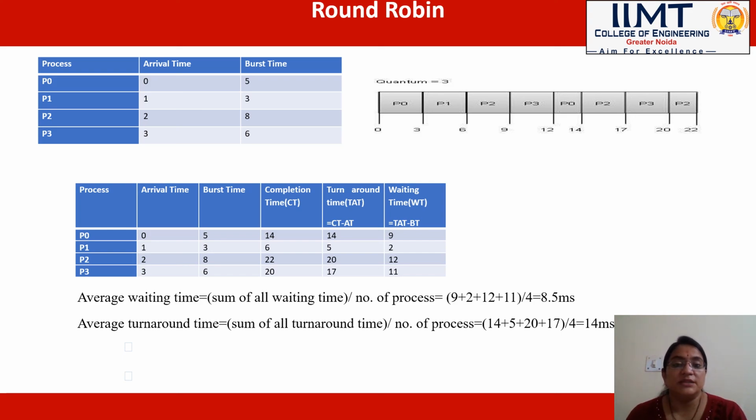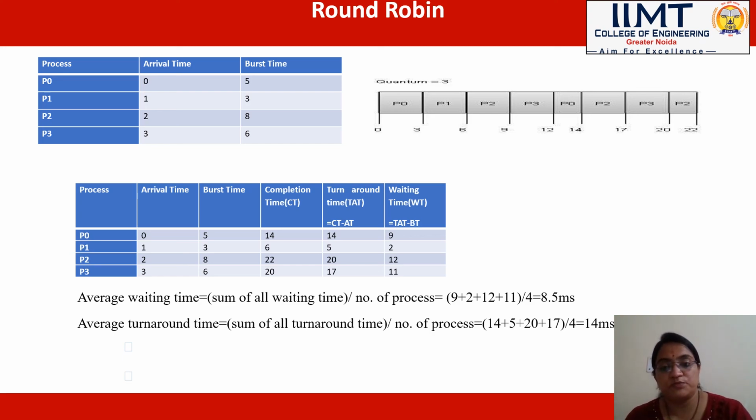But in the round robin algorithm, we can allocate the CPU only for 3 seconds. After that, we allocate the CPU to process P1, because this algorithm executes according to FCFS with time quantum. Then process P2, then process P3.